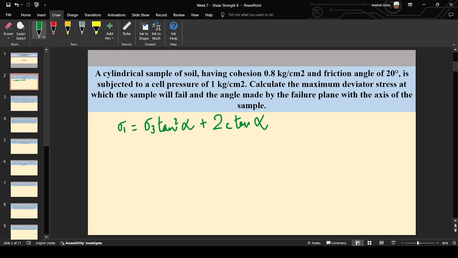Okay. Now sigma 3 is given. What is sigma 3? Sigma 3 is 1 kg per centimeter square.